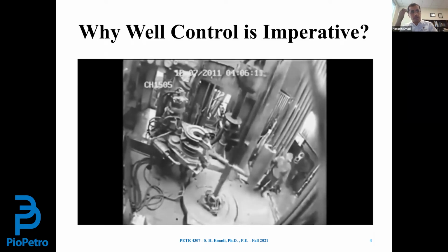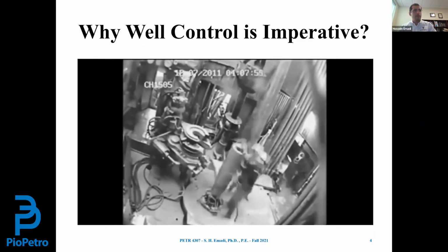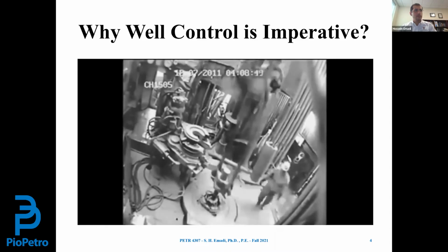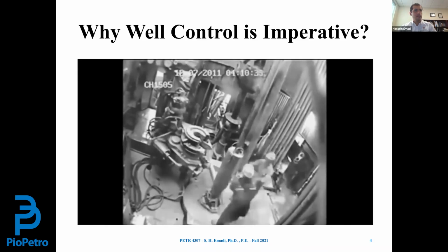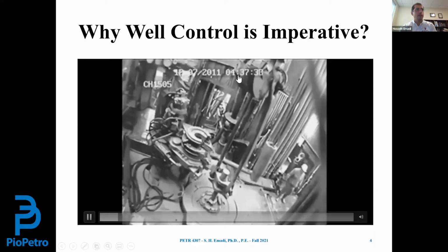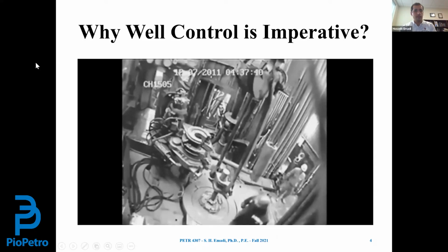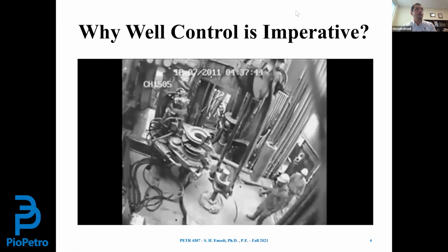They're picking up the pipe, breaking out the pipe. But from this point forward, you can see the time at the top, so you can see the time here.